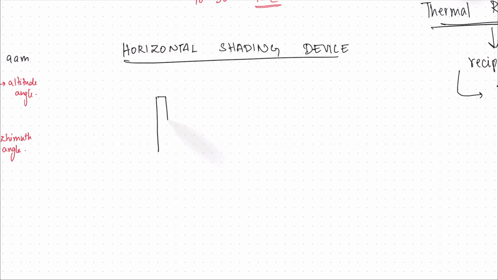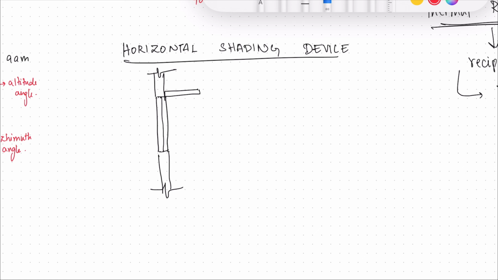This is your window, and you have your chhajja here, where your wall extends, and we have to find the length of this horizontal shading device. The best way to position it is in such a way that the last ray of sun should coincide with the edge of the window. So basically this is how it should fall, your last ray of sun.